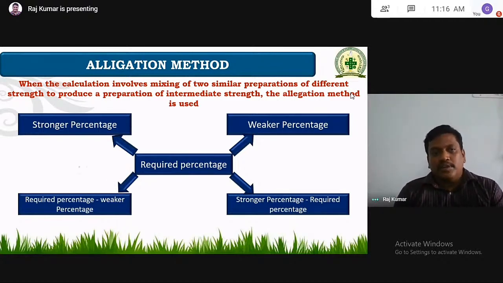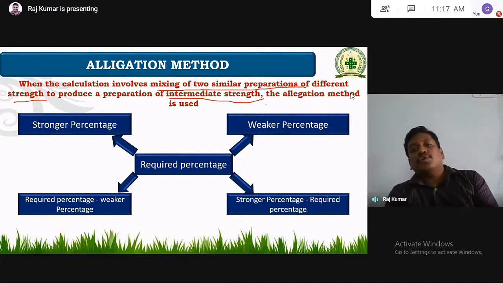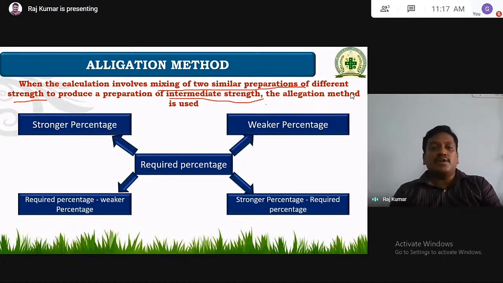Remember, it is to produce an intermediate strength.